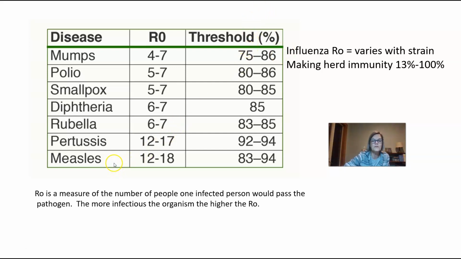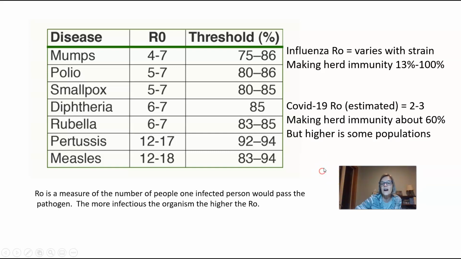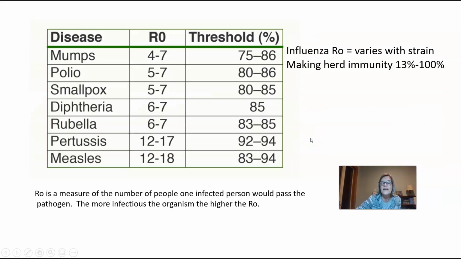Measles, because it's so much more contagious, you need to have 83 to 94% of people vaccinated to get herd immunity. So it's going to depend on the pathogen as to what percent you need vaccinated. But probably a good number to remember is 80%. Just as a general number, if you can get 80% of your population vaccinated, in many cases, you're going to be able to get herd immunity.